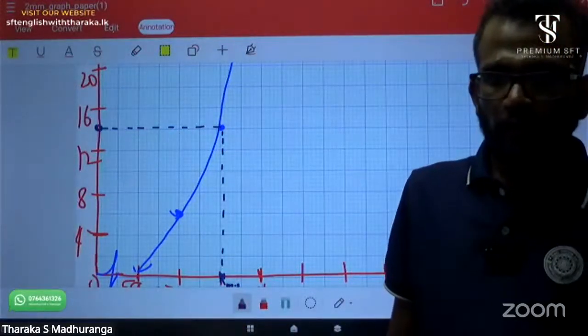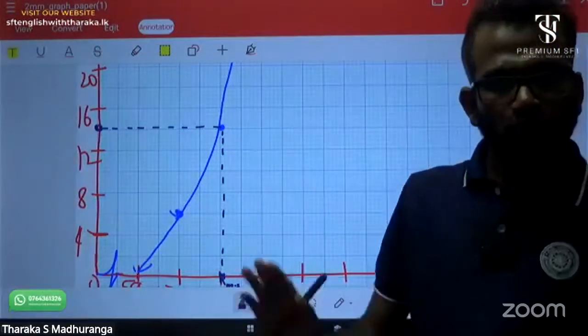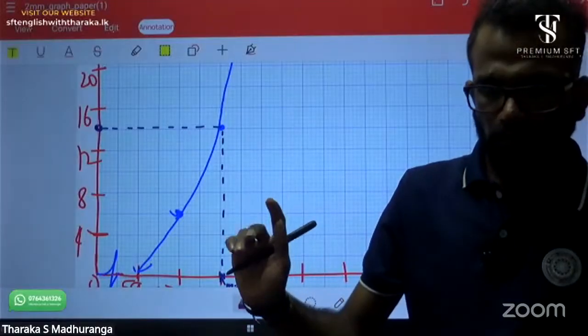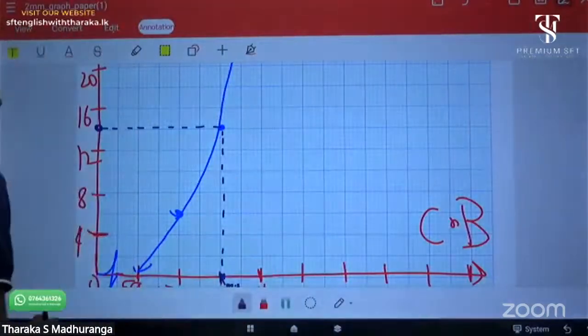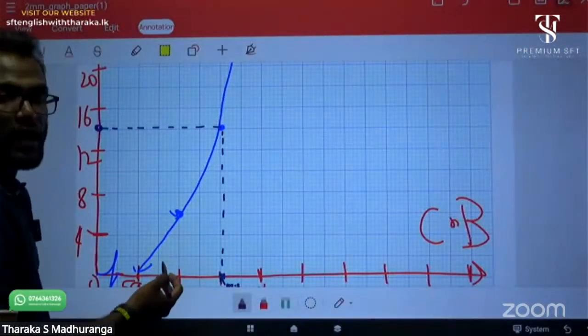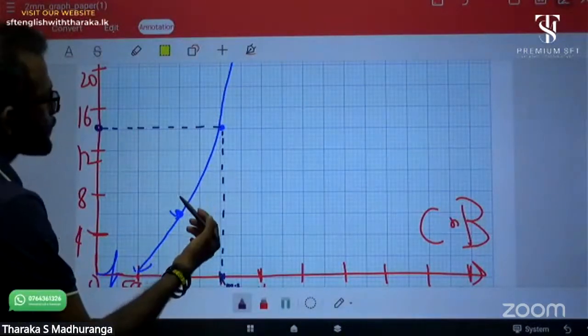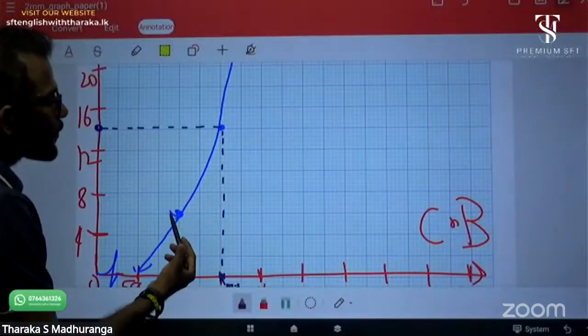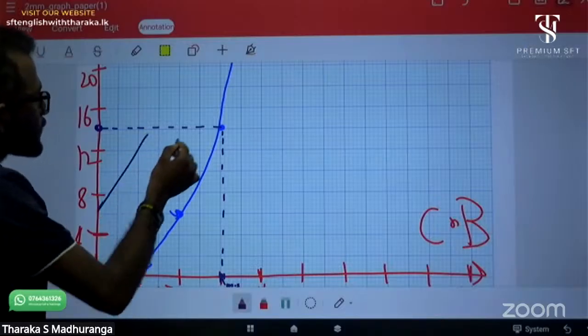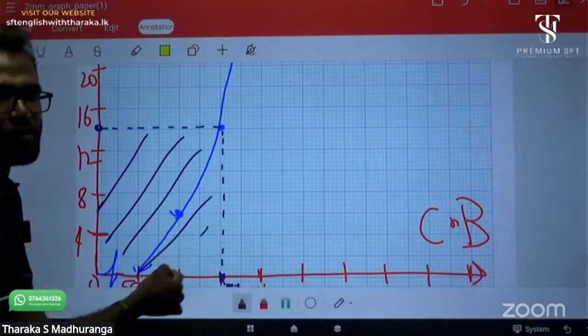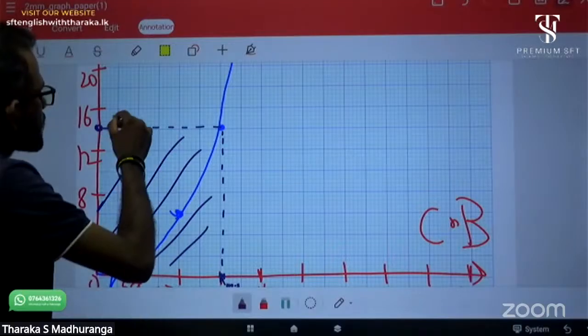If you got 14 or 14.5, you have marks. But what happened? Is it more than 100.5 or less than 100.5? Remember, it is less than 100.5.